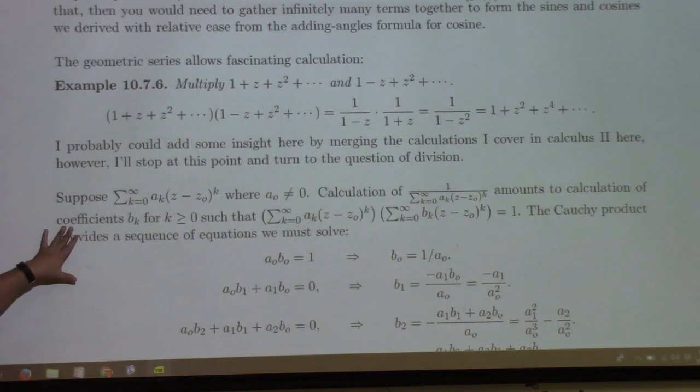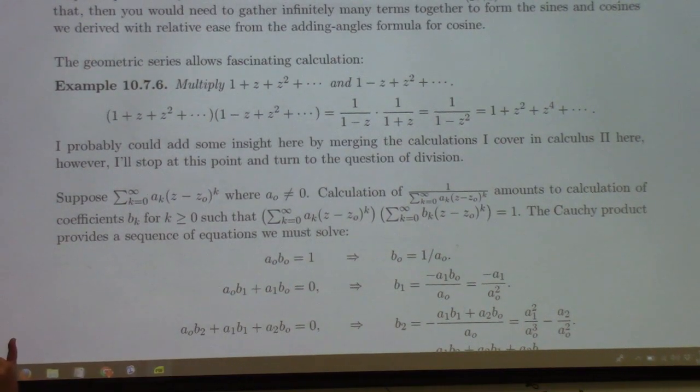What's next here is I ask the question, given a series, suppose you want to look at the reciprocal of the series. What are the coefficients for the reciprocal series? Let's say 1 over this is equal to the sum of b_k z^k. The question is, what are the b_k's given the a_k's? Well, this times that has to give me 1. So if you look at the Cauchy products, you have to be able to solve them order by order.